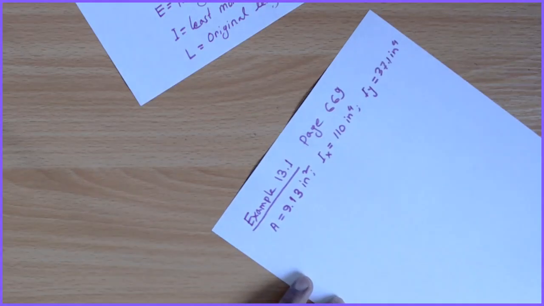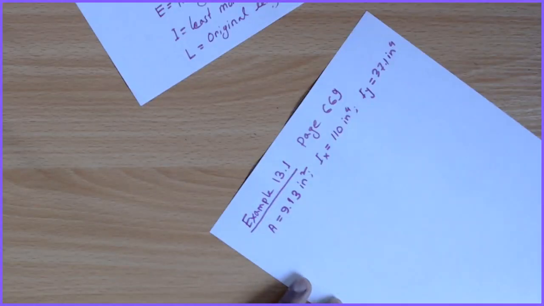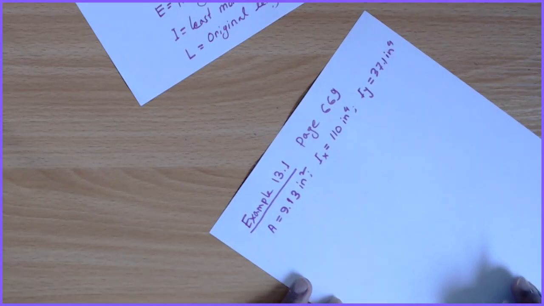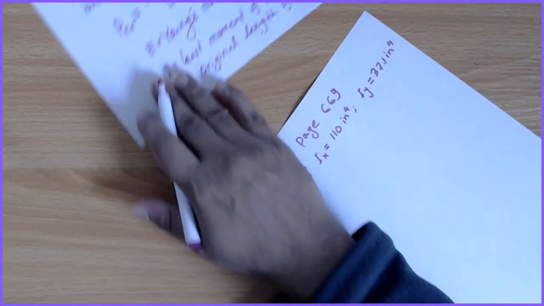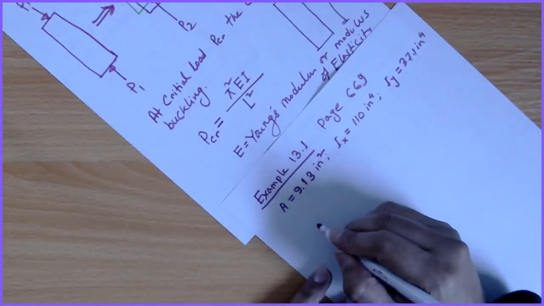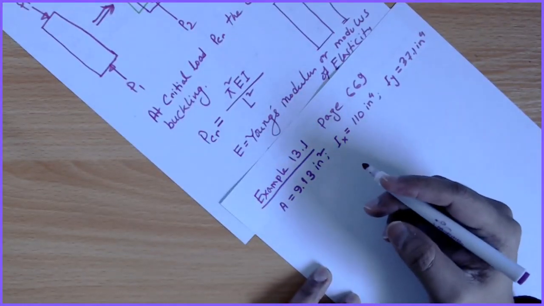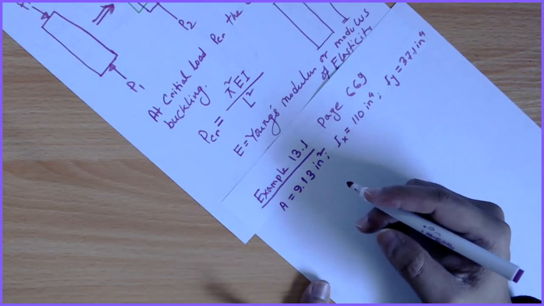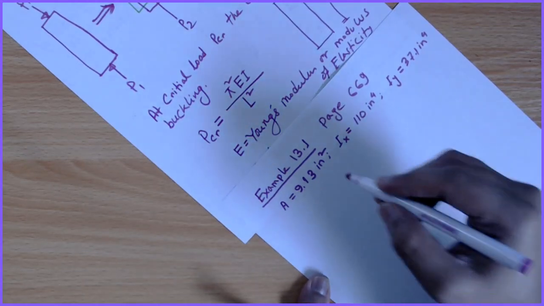So I am writing those values: A is 9.13 inch square, Ix is 110 inch^4, and Iy is 37.1 inch^4.